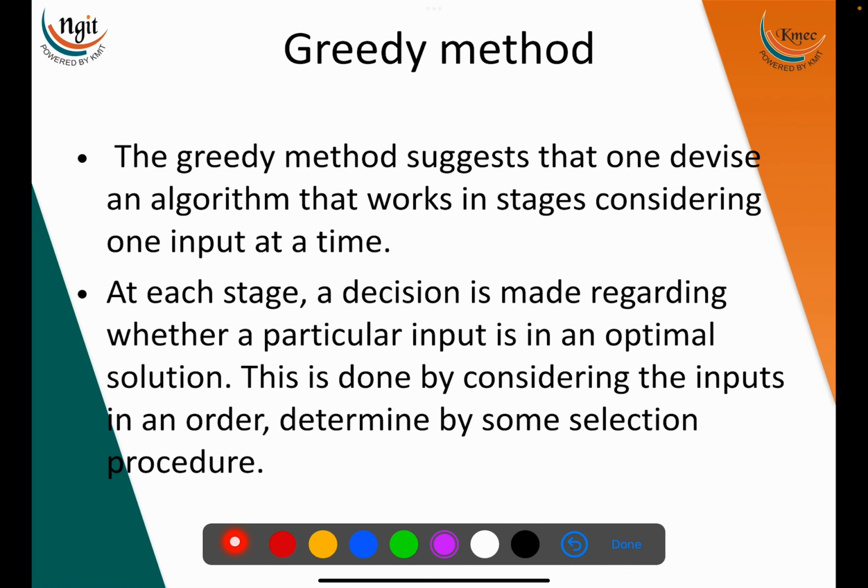The greedy method is applied in stages, that means in each stage we find a solution. It suggests that one devise an algorithm that works in stages, considering one input at a time.